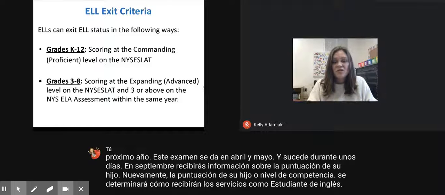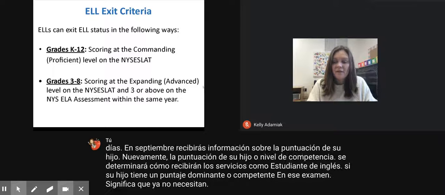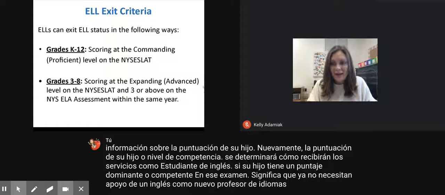If your child scores commanding or proficient on that exam, it means that they no longer need support from an English as a new language teacher in a direct way.